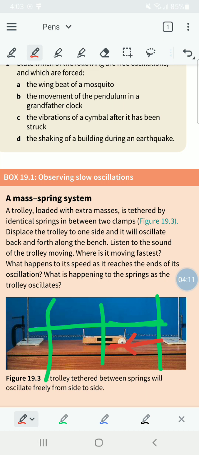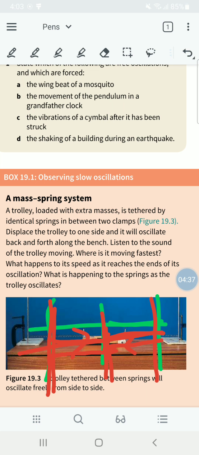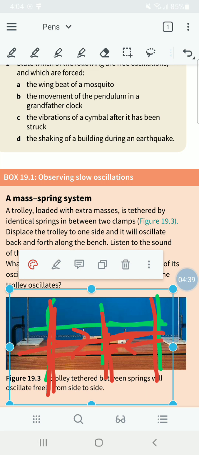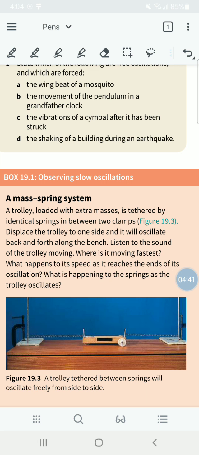At this point you have the highest velocity, and then it decelerates and comes to rest at that point. By this point it has zero velocity. Then it accelerates once again, and at the middle point, once again, you will have the highest velocity. It decelerates and comes to rest. So it happens back and forth, as you can understand. That is the whole idea.